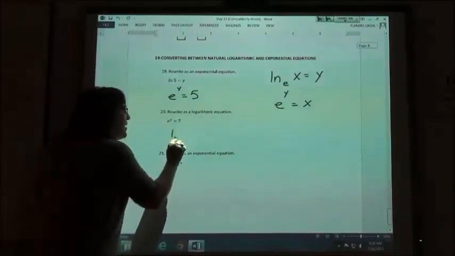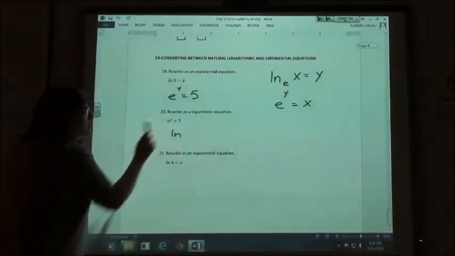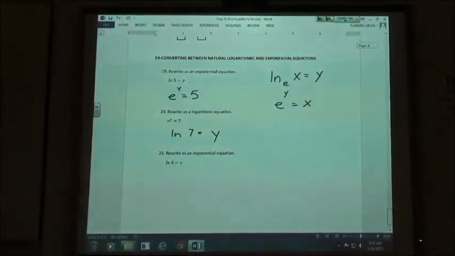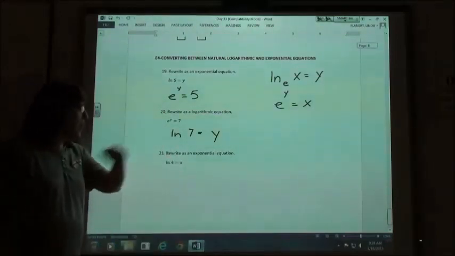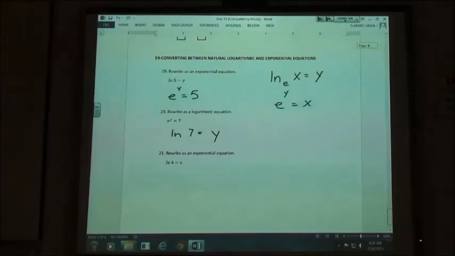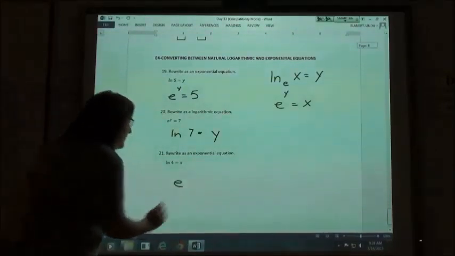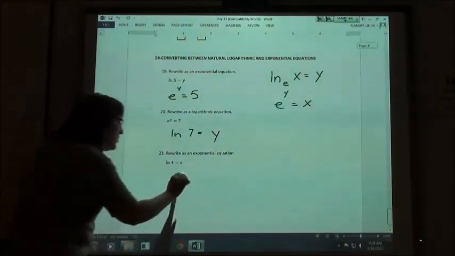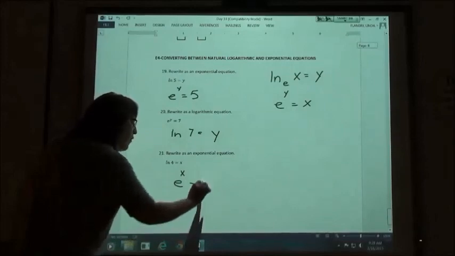I would say the natural log of, and then I'm switching those, 7 equals y. I don't need to put the base e in there because it's understood. So on number 21, if we're rewriting that as an exponential function, we would have e to the x equals 4, exactly.